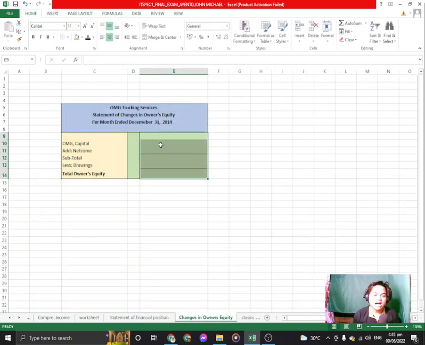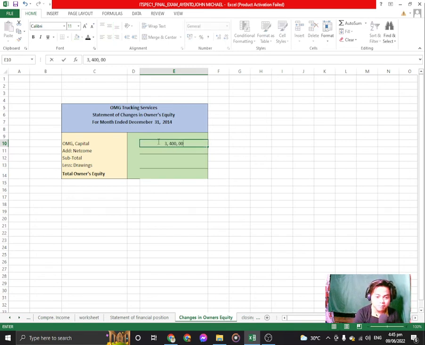Okay, for the capital, noted, our capital is 3,400,000 pesos. And our net income is 20,200.